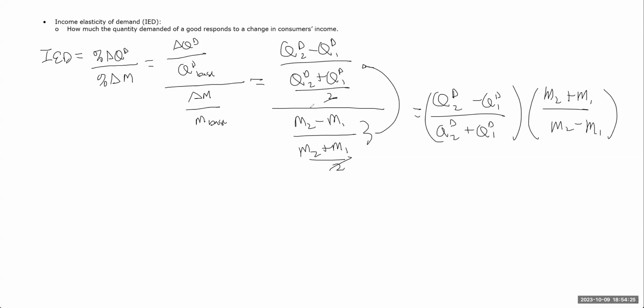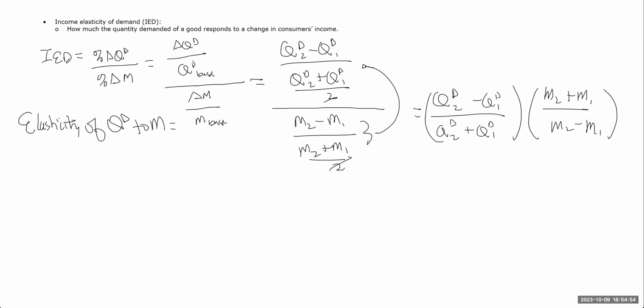Again, this is the elasticity of quantity demanded to income. This is the dependent, this is the independent. Dependent always subtracted on top, added in the denominator. Independent, added on top, subtracted in the denominator.